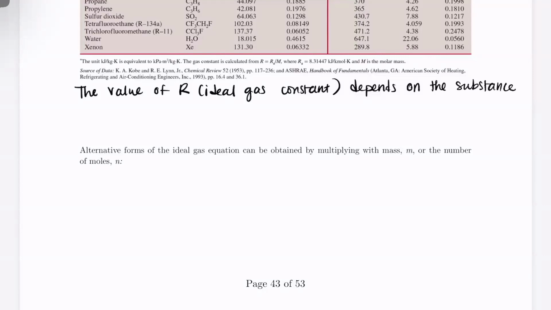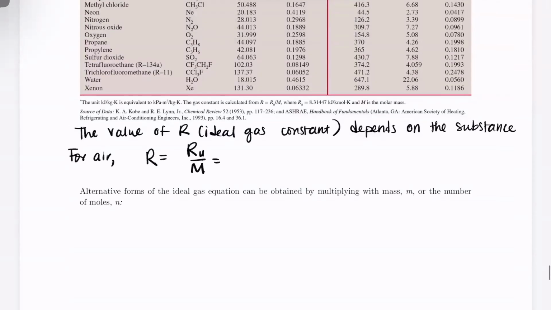So for example, for air, we have that R is equal to R_U over M. R_U is 8.314, so this is always the same, kilojoules per kmol Kelvin.